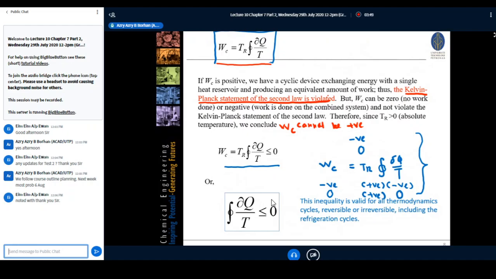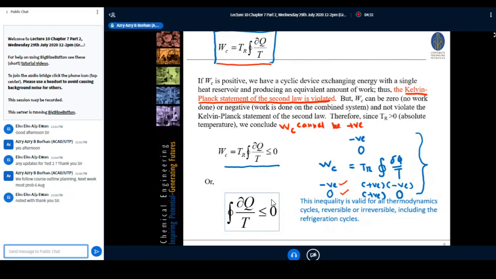So we contemplate whether WC can have a negative or a zero value in order to satisfy the Kelvin-Planck statement. From there, we have managed to come out with the inequality condition, where TR is always positive because this is the thermodynamic temperature scale, which is always positive. So as you can see, the cyclic integration of delta Q over T is always less than or equal to zero.